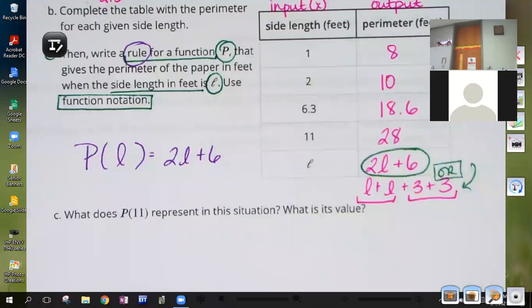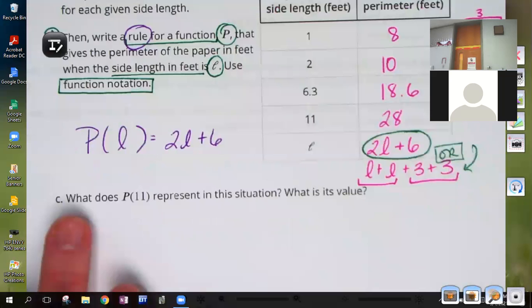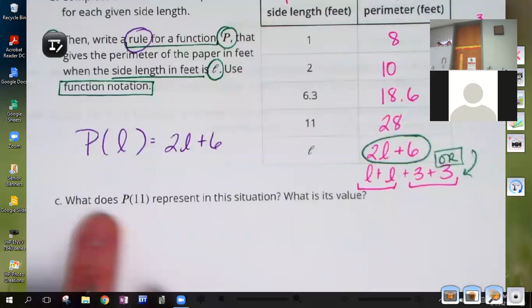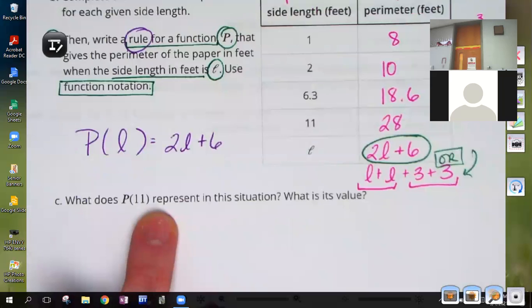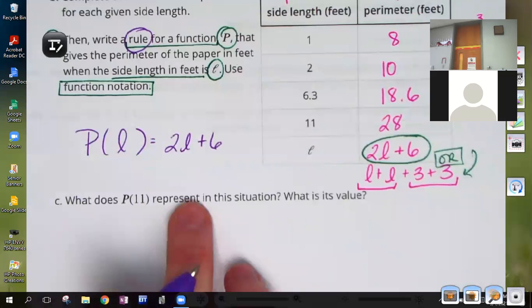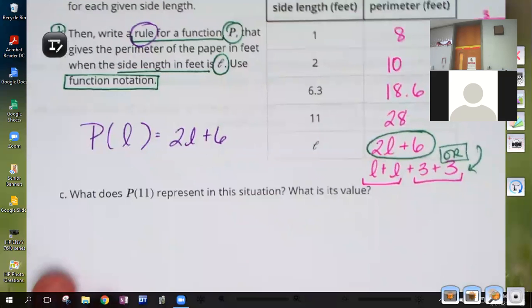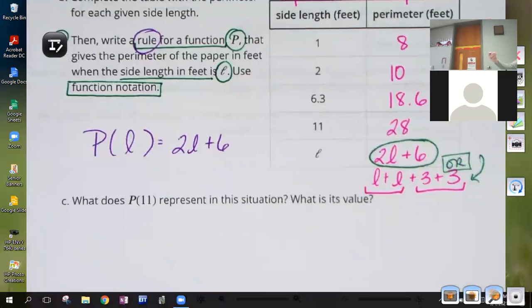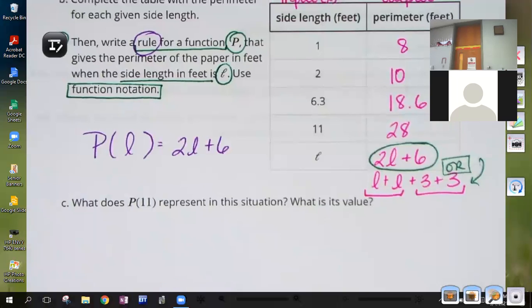All right, now remember how we did the last one that looked like this, number 2. We have P of 11. What does it represent in the situation? So if this were set equal to something, what would the output of this tell us? The perimeter.